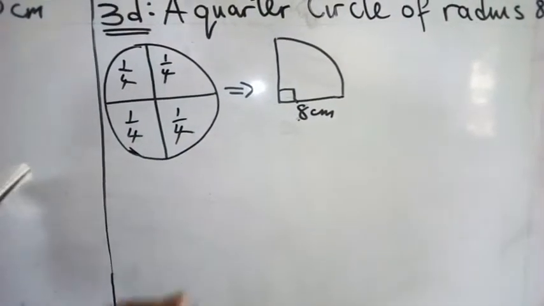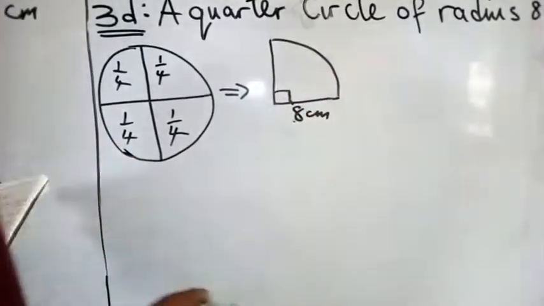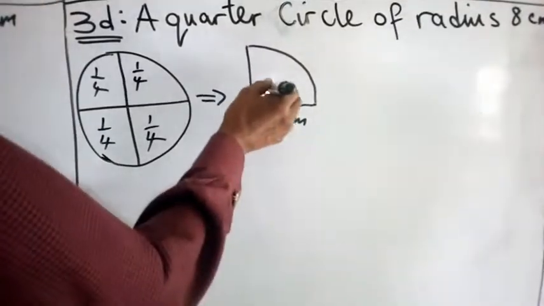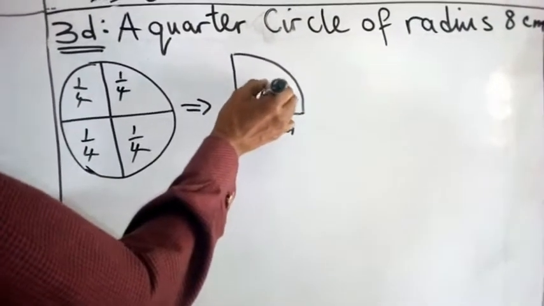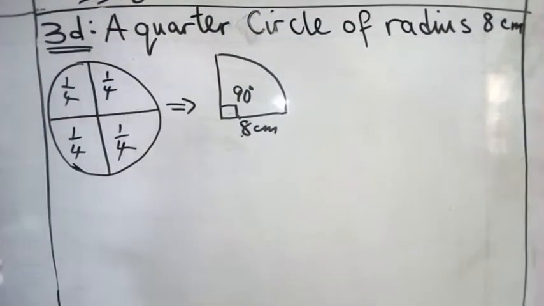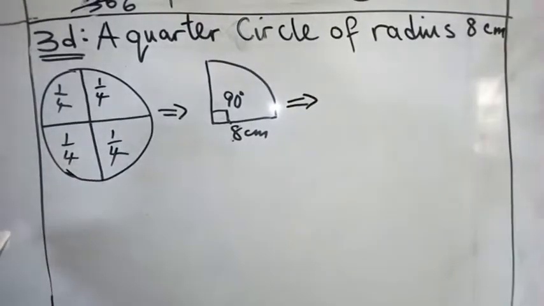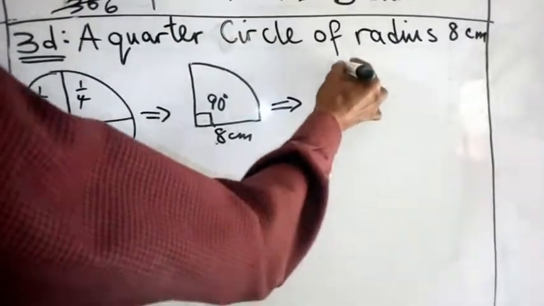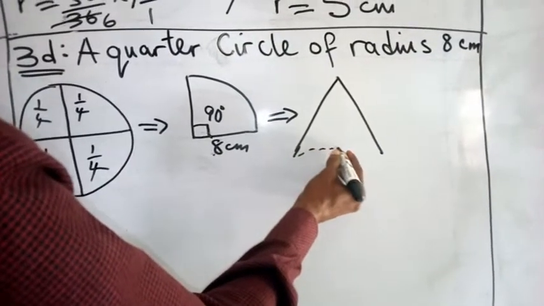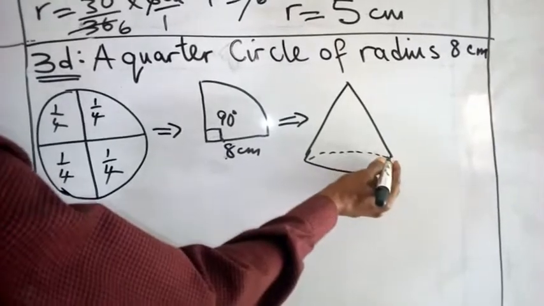In this case, the angle at the right angle, you were taught it is 90. Let us not delay here. Here is 90, so theta will be 90 degrees. If you fold this one to have a cone, the cone will be like this.